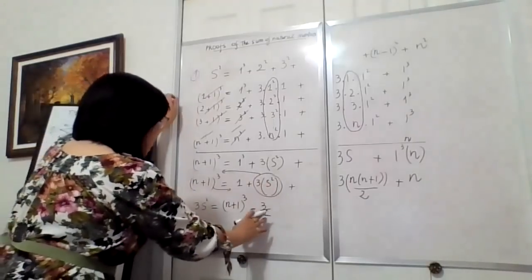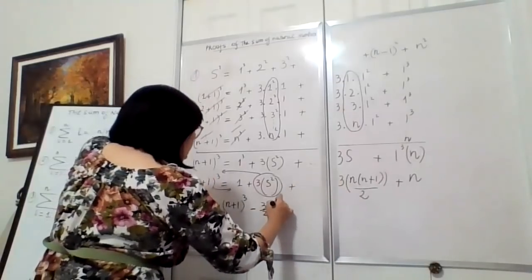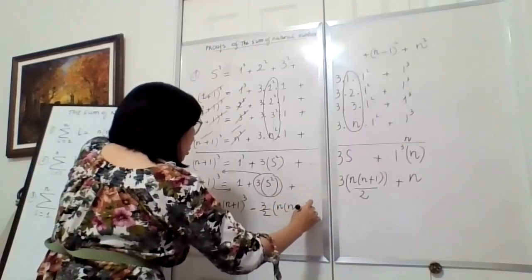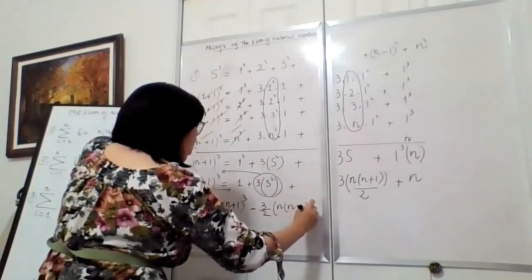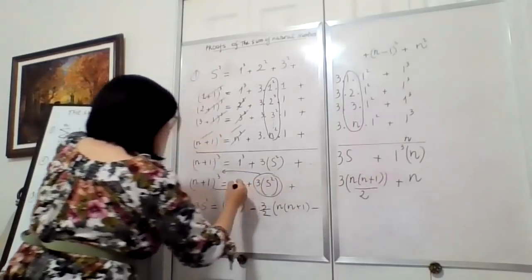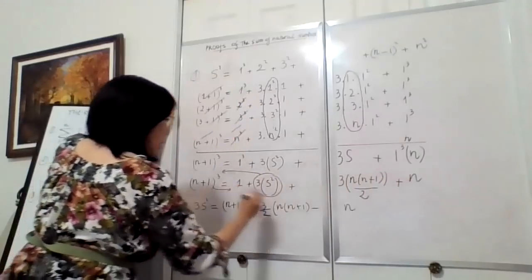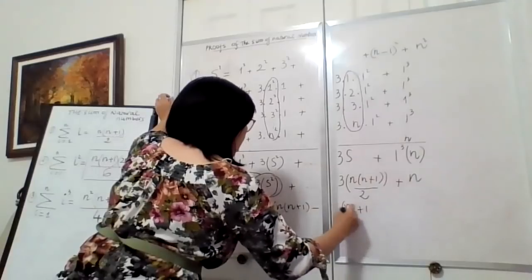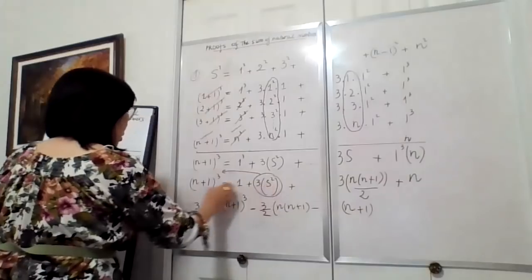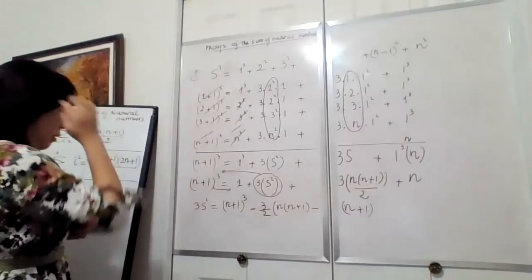So I move this and I change this, like I subtract this term. So 3 over 2 n times n plus 1. Okay, minus this as well, n plus 1, right? I just combine this n plus 1 here. It becomes n plus 1 minus that. Okay, so this equals this, subtract all of this stuff left over, right?